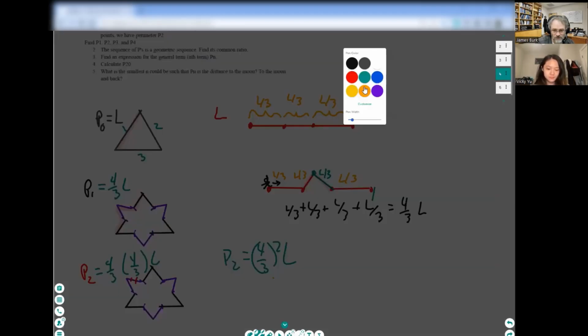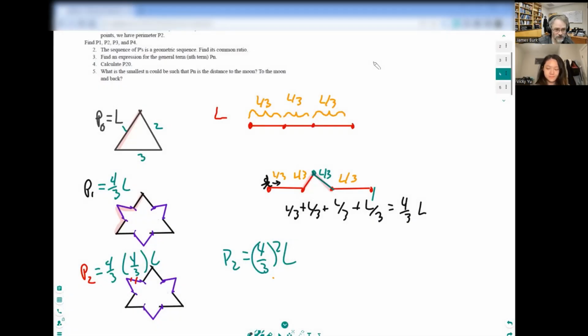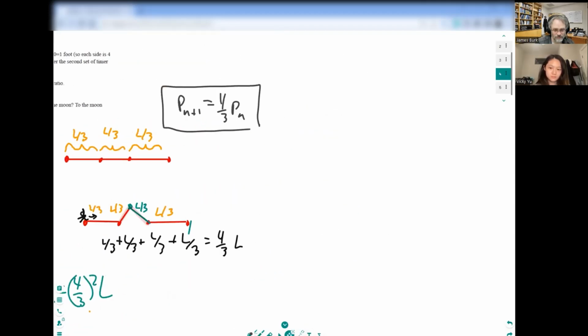Now, the recursive relationship, since you are talking about sequences and series, if I was going to write this in terms of recursion, I would say p sub n plus 1 equals 4/3 p sub n. And what kind of sequence is this called? It's not telescopic.